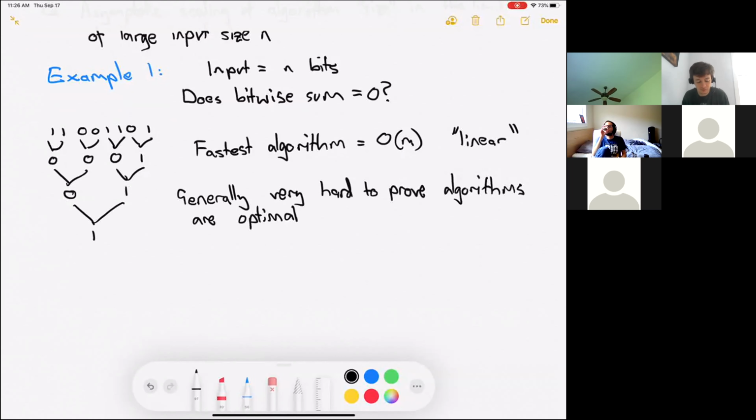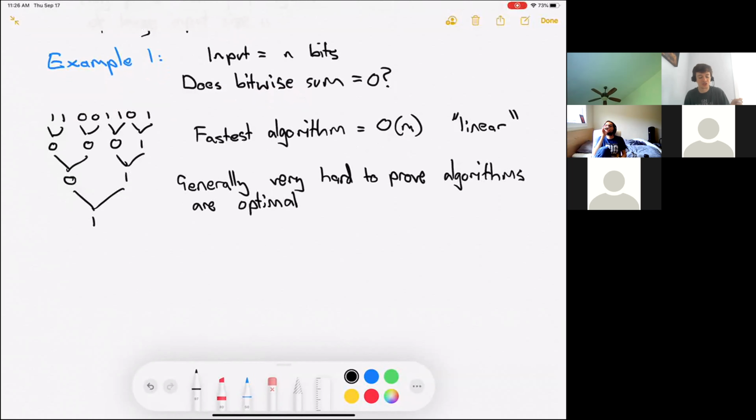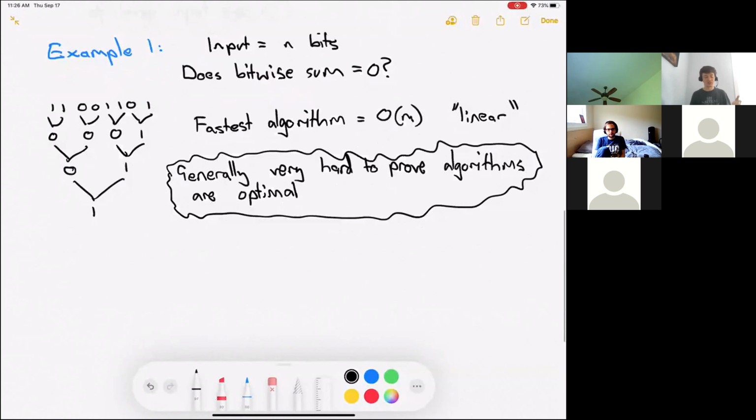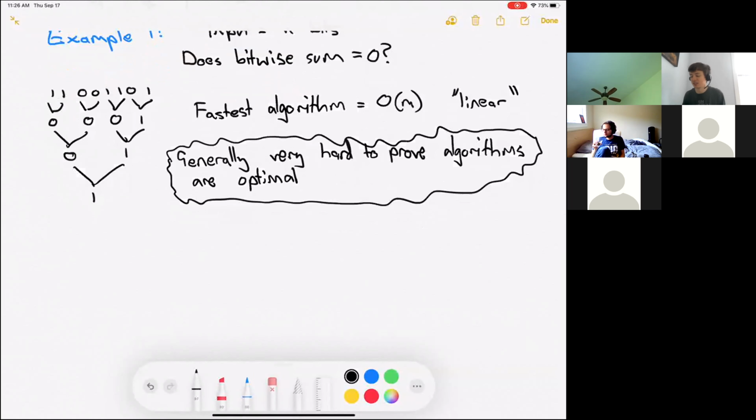So yeah, this is just a general rule. And I want to give an example of that, of something that is a very standard and important problem where what people thought was the optimal approach for a long time turned out not to be.